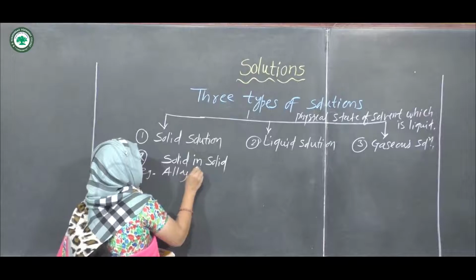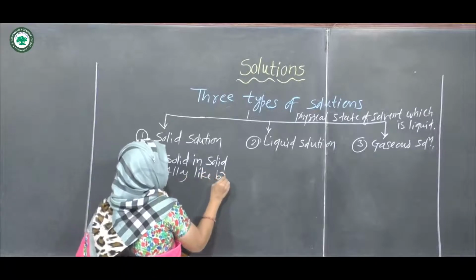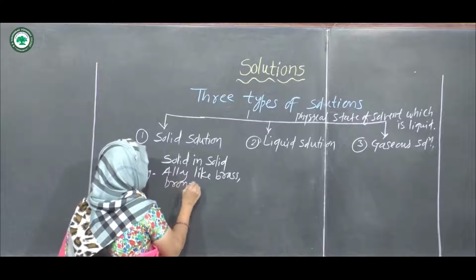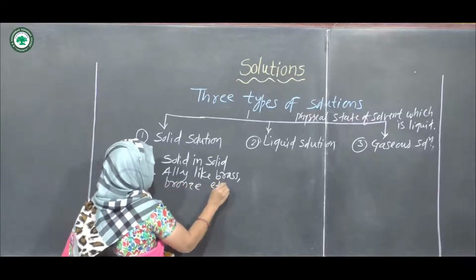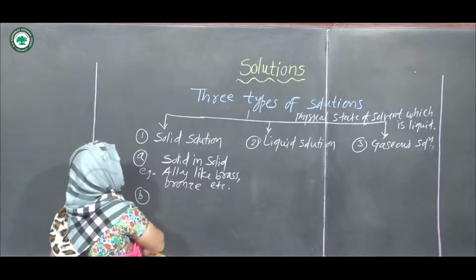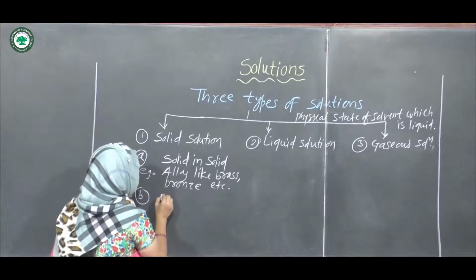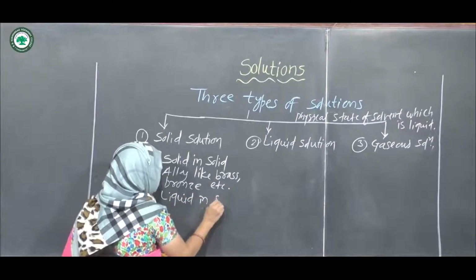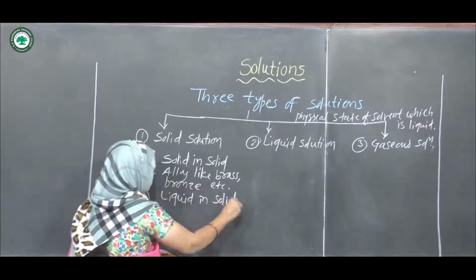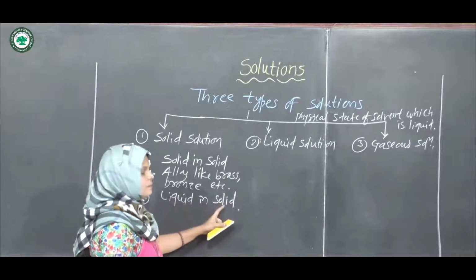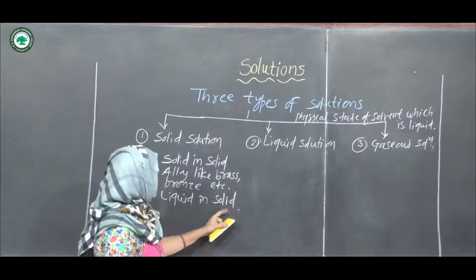Alloys like brass, bronze, etc. Then the second type of solid solution is liquid in solid. In this, liquid is the solute and solid is the solvent.